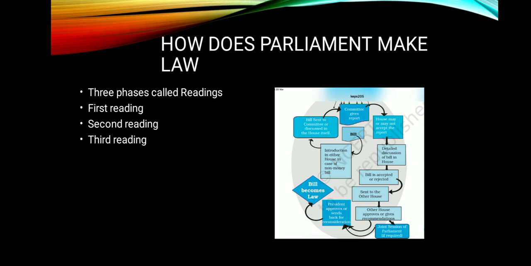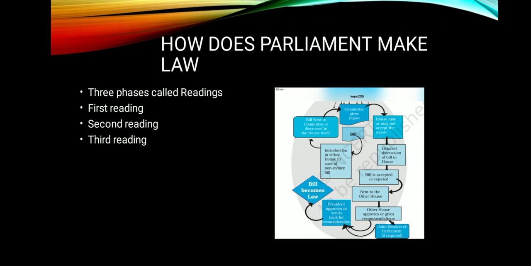Does it violate any rule of the constitution? And if it does, then the suggestions are given to the cabinet committee. But if the committee says that there is no objection over the bill, then the bill goes for the second reading.